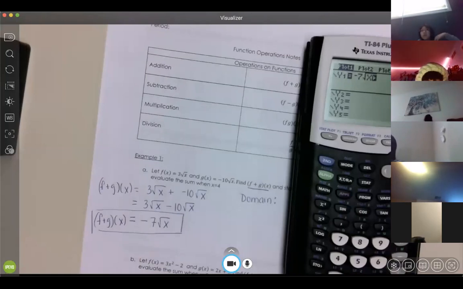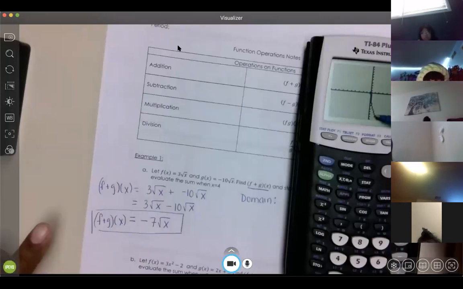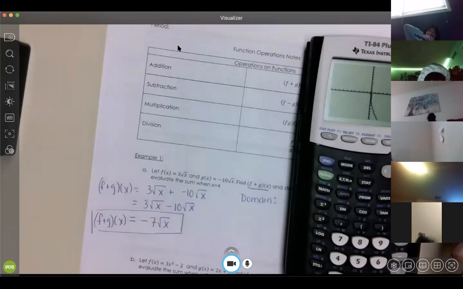All right, and then we're gonna hit graph. The graph button is right up here. You'll notice my graph only takes up the right side. So there's nothing on the left side. When you're looking at domain, you're just checking how far to the left does my graph go and how far to the right it goes. It stops at 0.